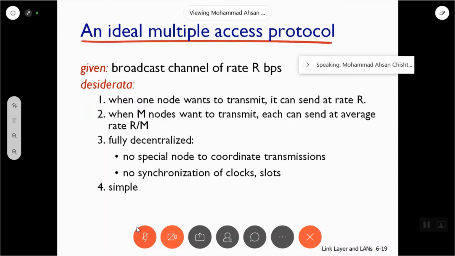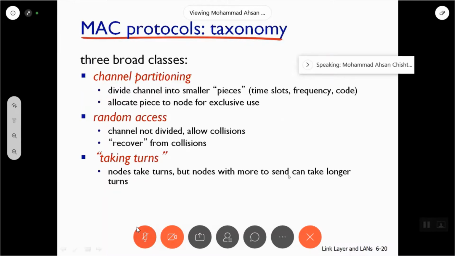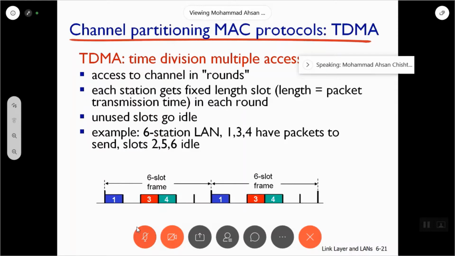It will bring the entire system down. We don't need a special node that would coordinate it. We don't need synchronization of clocks and slots and so on. And lastly, it should be simple and inexpensive to implement.